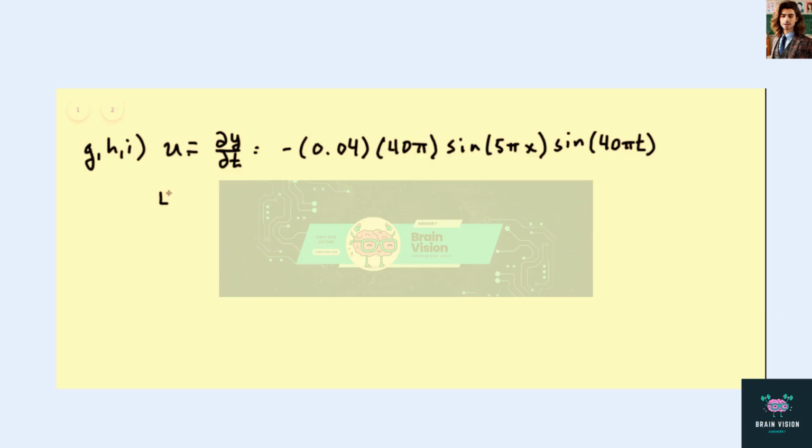So now we just want the first 3 times at which 40 pi t is equal to an integer multiple of pi, non-negative integer, 0, pi, etc.